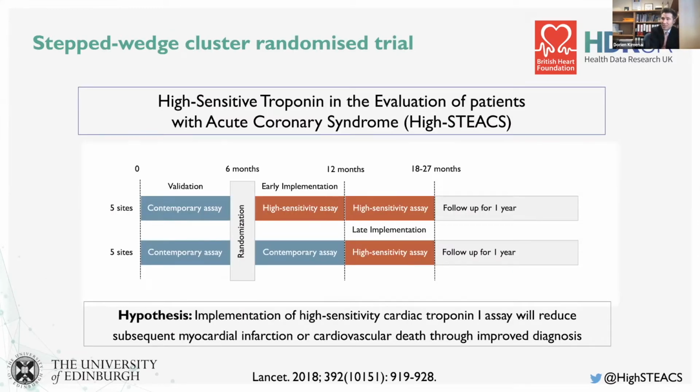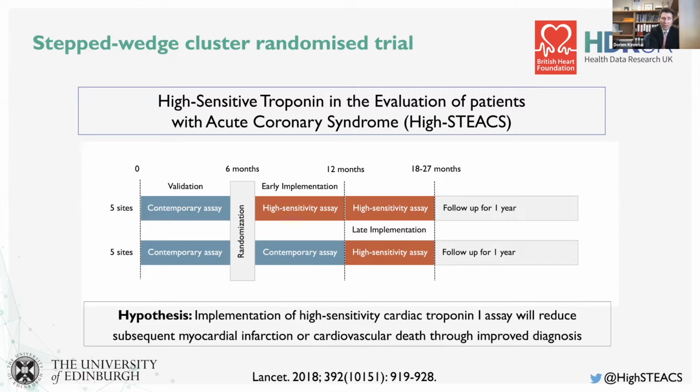And what I want to share with you today is the outcomes from longer term follow-up. But the hypothesis was that the introduction of this more sensitive test, by recognizing more patients with injury to their heart, would lead to better treatment and a subsequent reduction in future risk of a heart attack or cardiovascular death.